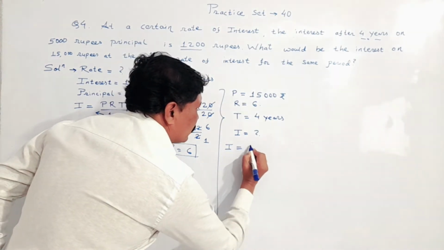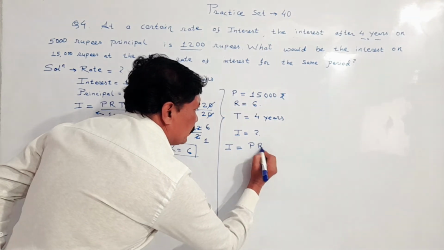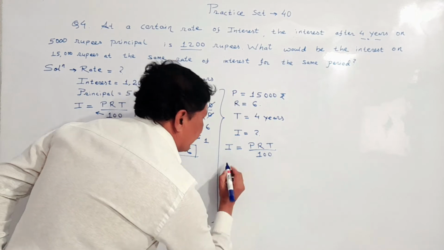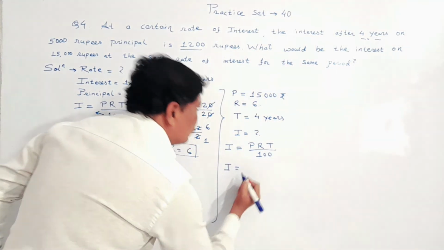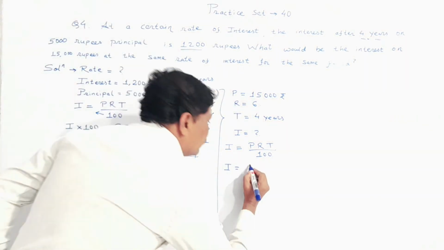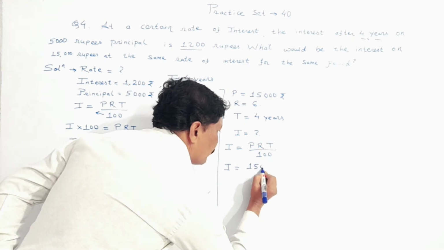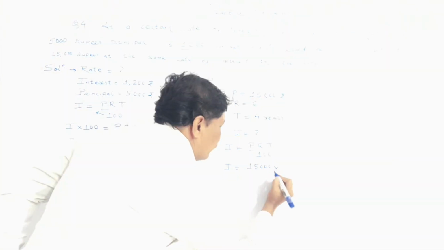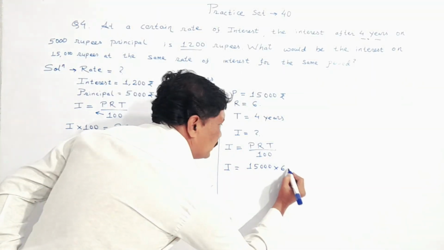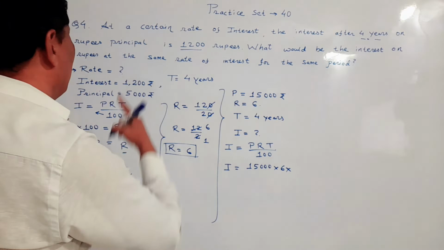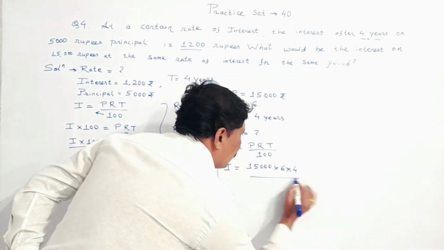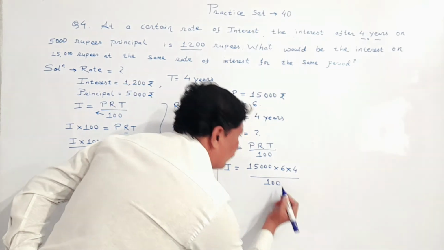I is equal to principal into rate into time upon 100. So I is equal to principal here is 15,000 rupees, rate we have found out which is 6, and time is the same, that is 4 years, upon 100.